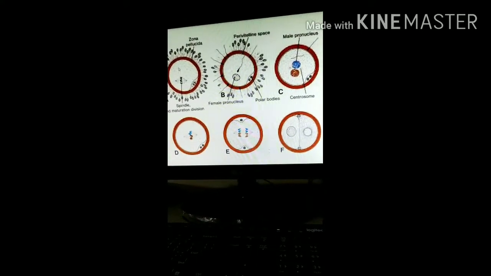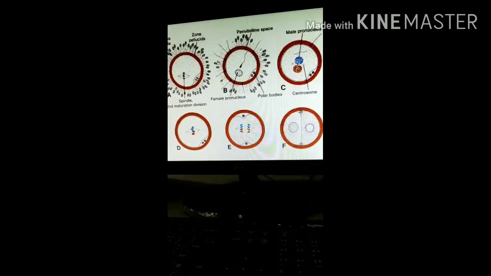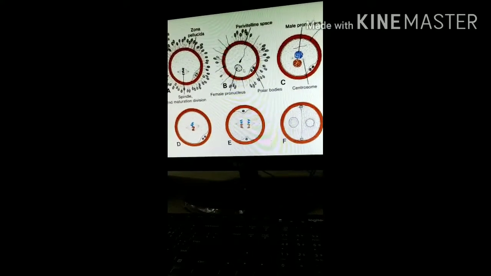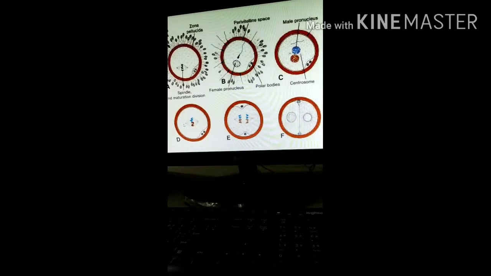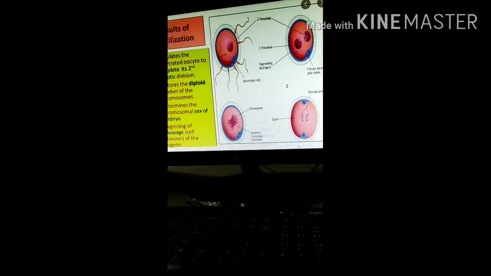In the total figure, this is the secondary oocyte and fertilization. The sperm enters the cytoplasm, the pronuclei fuse and the zygote forms, and the zygote undergoes cell division, and the 2-cell stage is already formed.